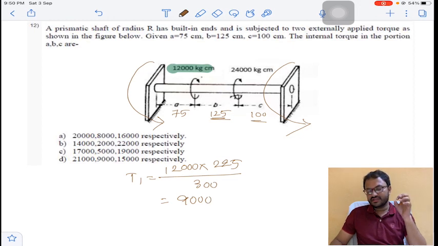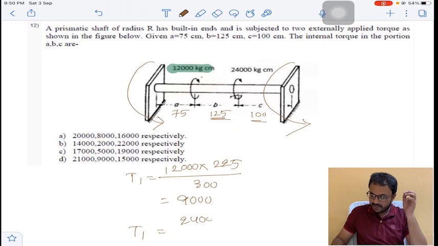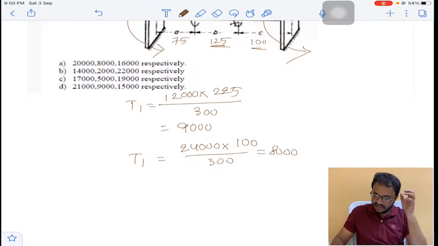So because of 12,000 kg centimeter, the amount of torque that I got on left side is 9,000. And now because of 24,000, the applied torque is 24,000 and the right side distance is 100 and the total distance is 300. So it will become 8,000. So total T1 will become 9,000 plus 8,000, that is 17,000.